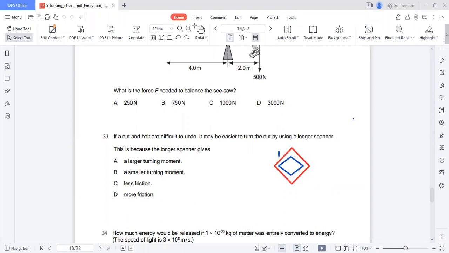Suppose this is a spanner and this is the handle.